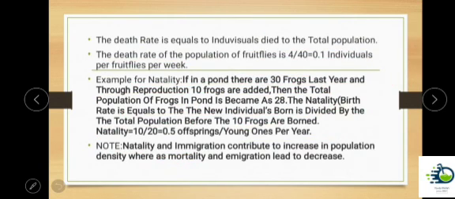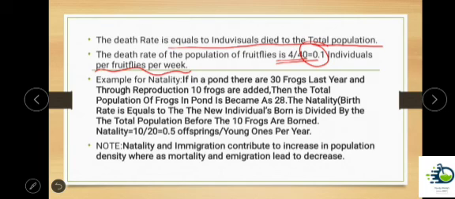The death rate is equal to the individuals died divided by the total population. By this we get the equation 4 by 40 equals 0.1. So 0.1 individuals are dying per week in the population of fruit flies.